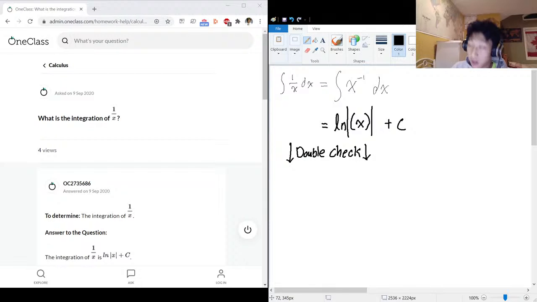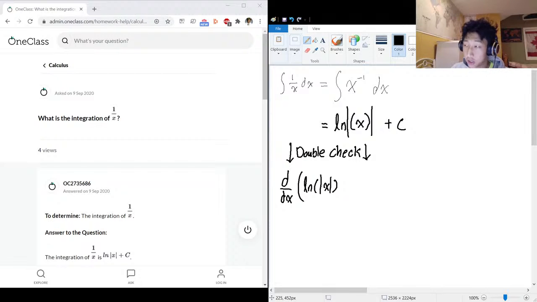And we will do the derivative of natural logarithm of the absolute value of x plus c. So we'll do that by doing d over dx over this whole thing in brackets. So we have natural logarithm of the absolute value of x plus c.